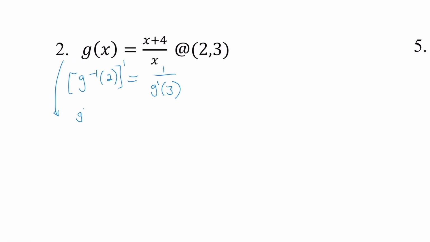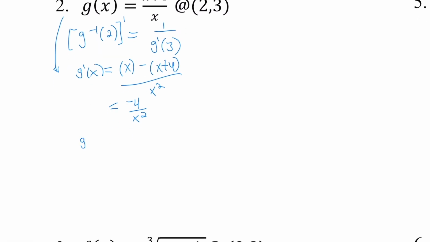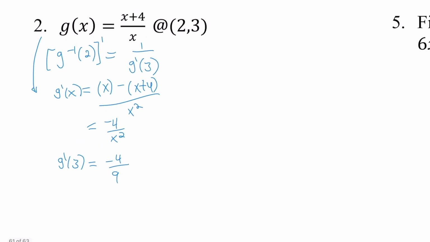So g prime of x equals, quotient rule, so negative 4 all over x squared. g prime of 3 is going to be negative 4 all over 9. So our answer is going to be 1 over negative 4 over 9, or 1 over 9 over 4.